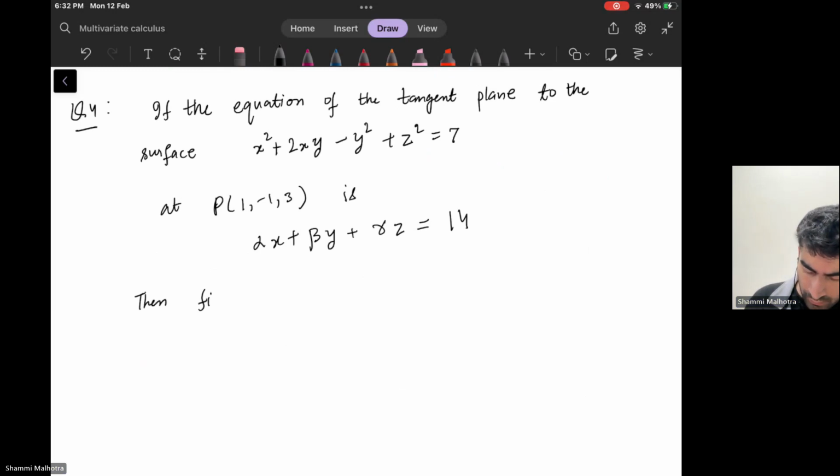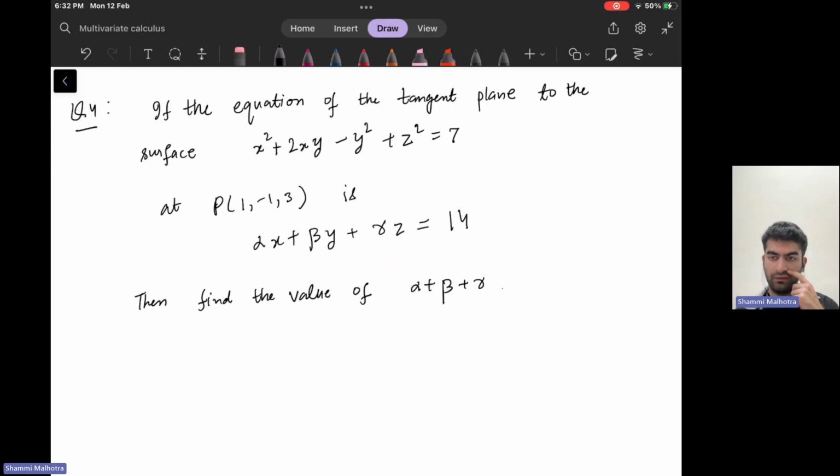Then find the value of alpha plus beta plus gamma. So to find the value of alpha plus beta plus gamma, we just have to find the equation of the tangent plane.